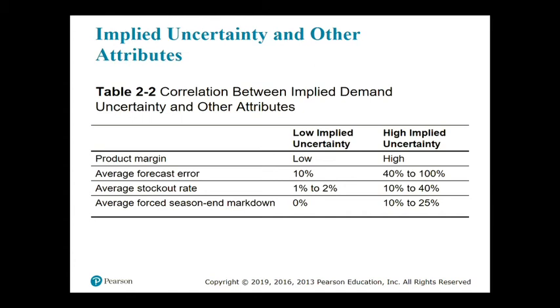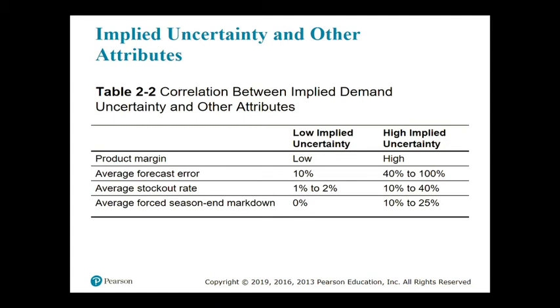And we have the level of implied demand uncertainty and other attributes in the supply chain. So if the implied demand uncertainty is low, then usually this corresponds to a product with lower profit margin.